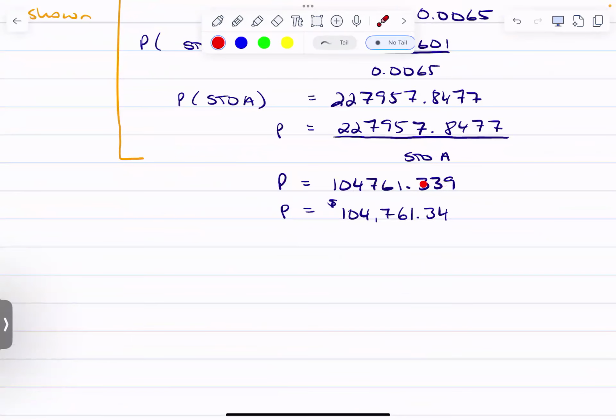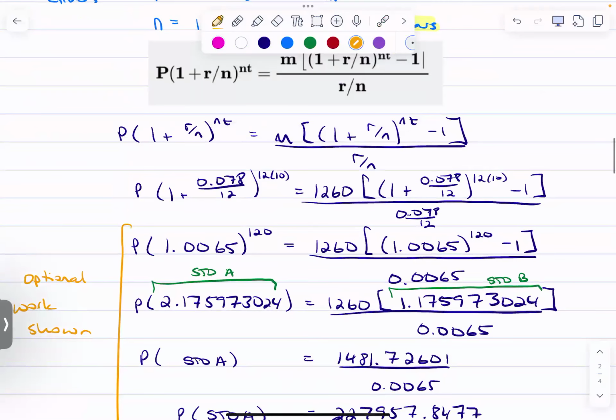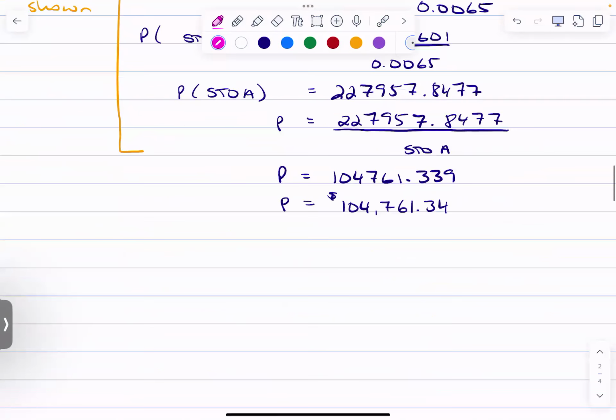But then I need to see the unrounded value followed by the rounded value. As much as you want to show me, cool, but those are the only things that I'm looking for. So you must show this work, and must show this work.